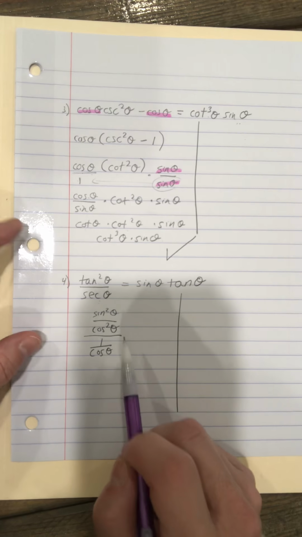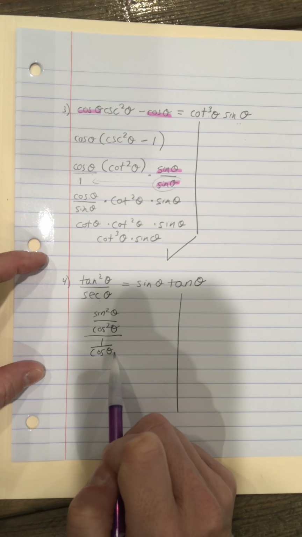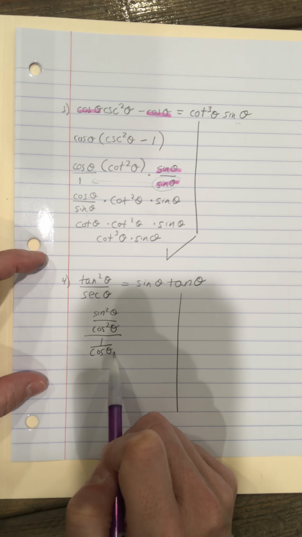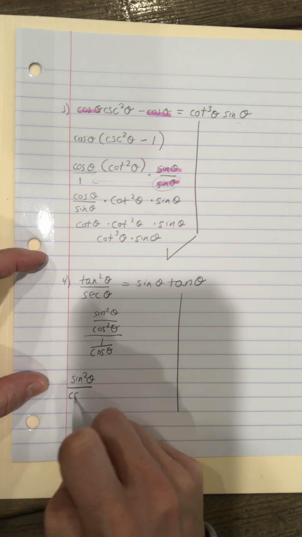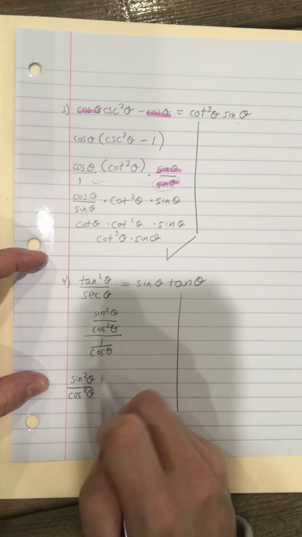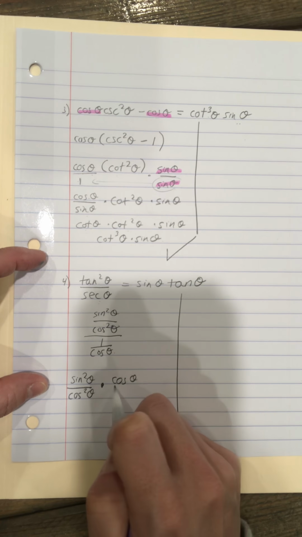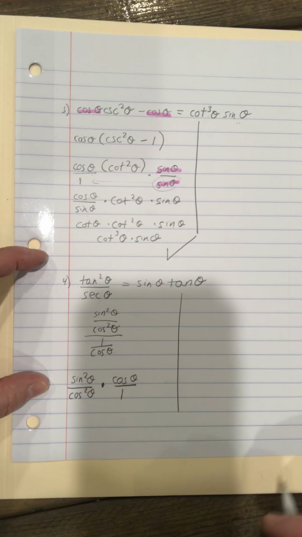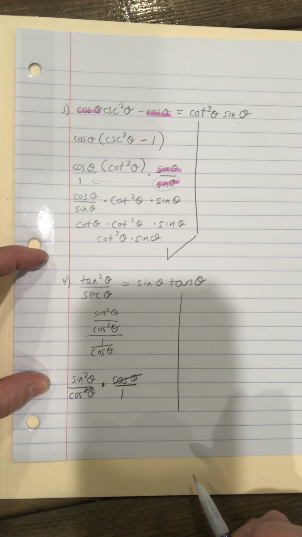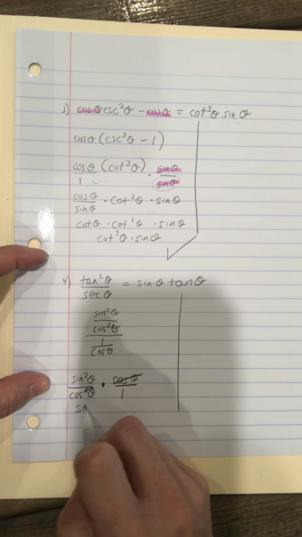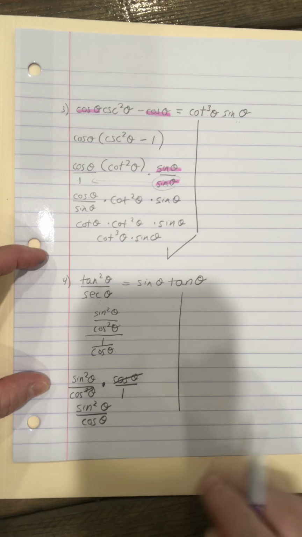What you're going to do now, when we have a complex fraction, is keep, change, flip. So you're going to keep the numerator the same, change the division to multiplication, and multiply by the reciprocal of that denominator. By doing that, one of the cosines would cancel out, and I'm left with sine squared theta over cosine theta.